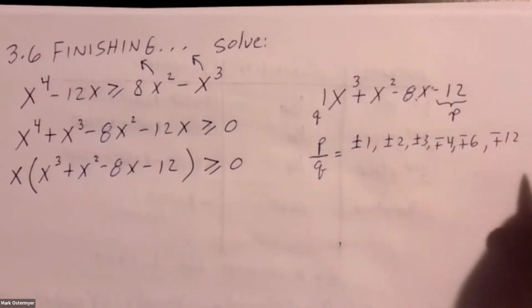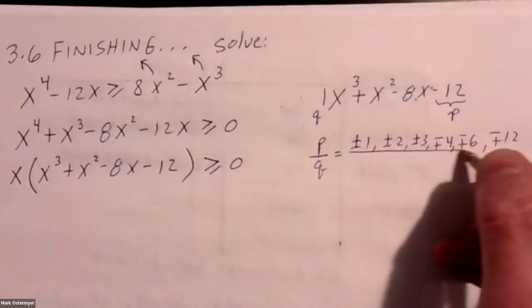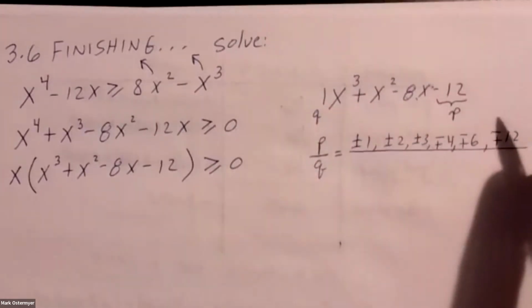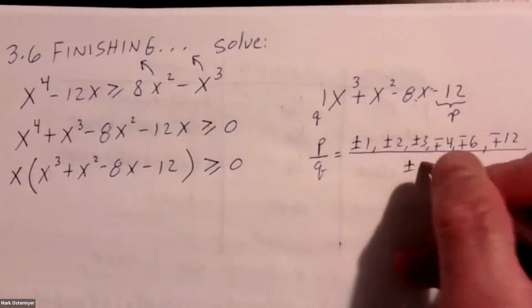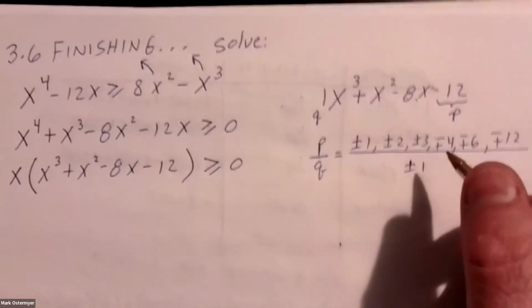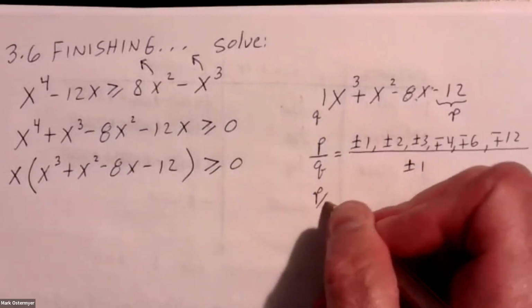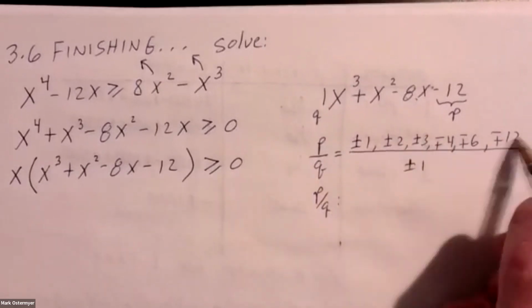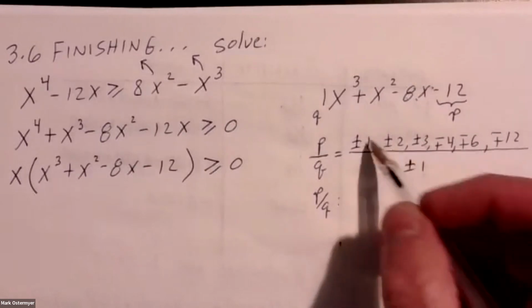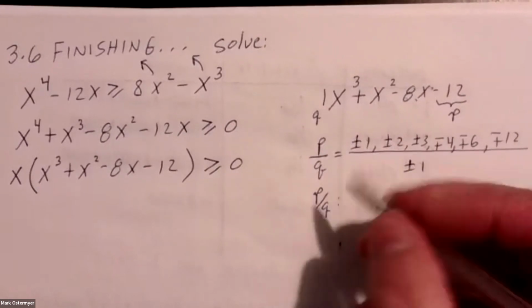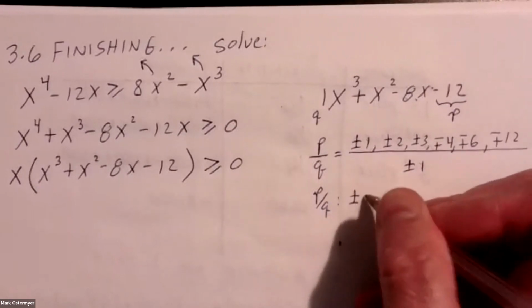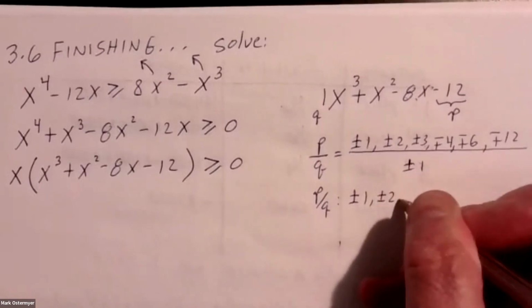Those are factors of -12. The only factors of a leading coefficient of 1 would be plus or minus 1. So my potential rational zeros are just going to be the numerators, because all of these are going to be placed over plus or minus 1. So we're just going to reduplicate the P list.